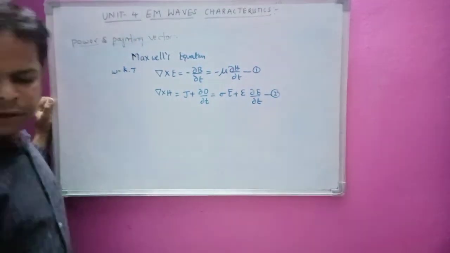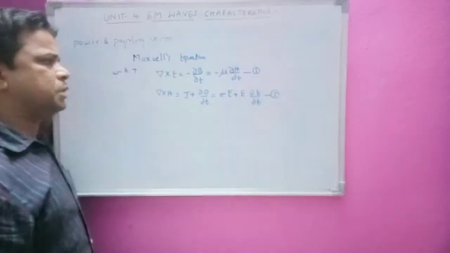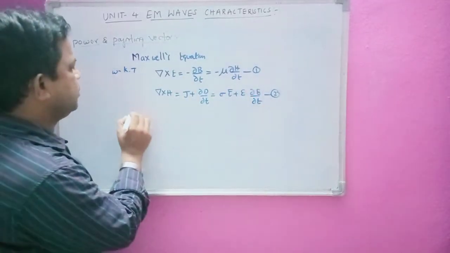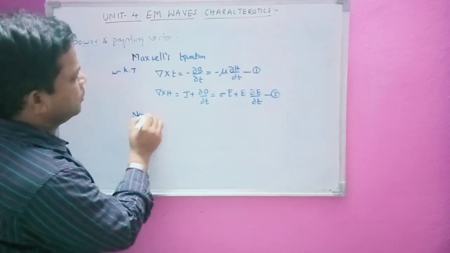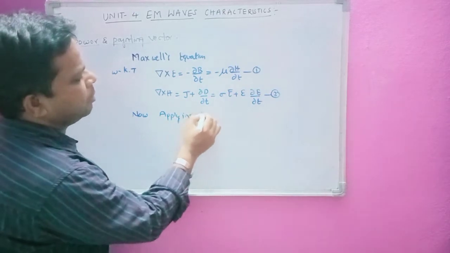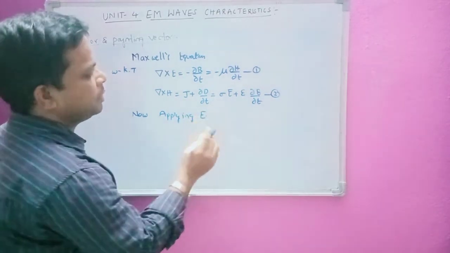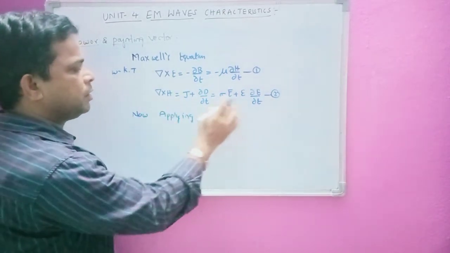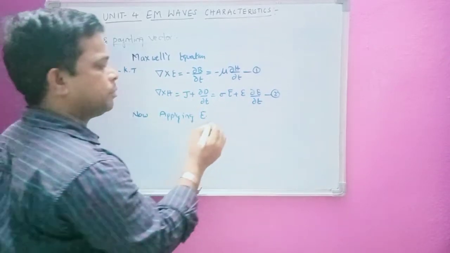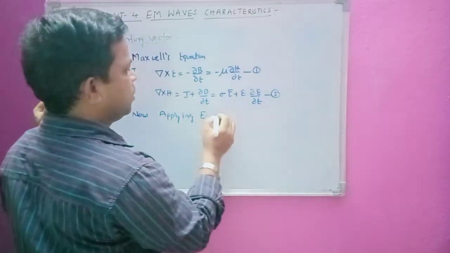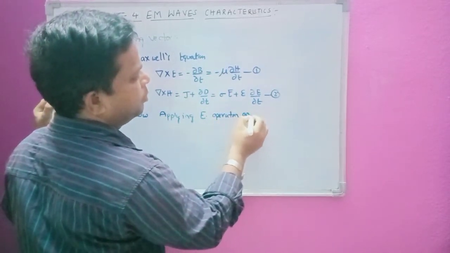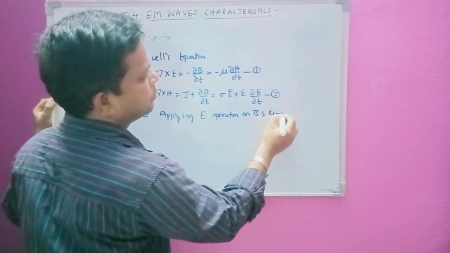Now we have two equations, number 1 and 2. Now for equation number 2, applying the E dot operation on both sides of equation 2.